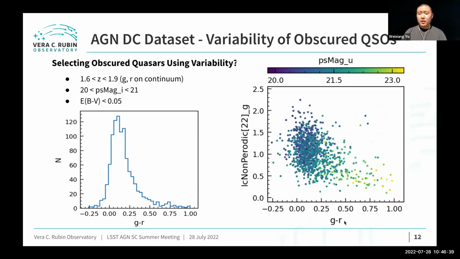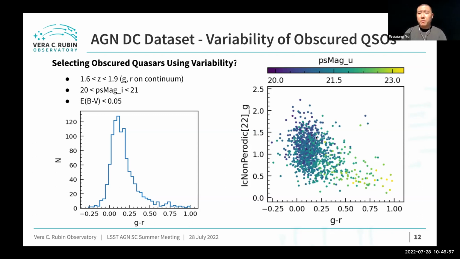So here on the X-axis is the G-R color, and on the Y-axis is the LC non-parametric 22 metric in G-band. You can see that those objects with excess color tend to have lower values of this metric.